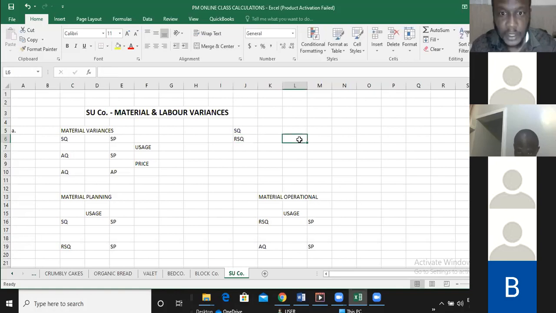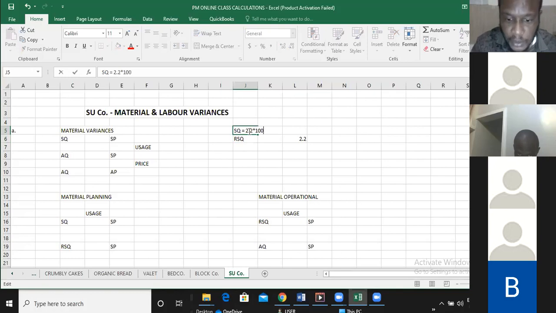Since the revised standard is 110, that will be 2.2 multiplied by 100 divided by 110, since the standard quantity must be the 100, the original.